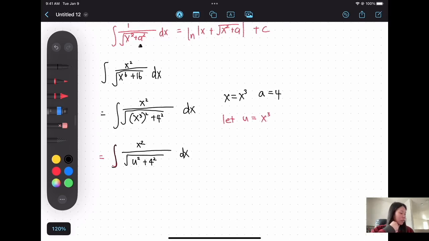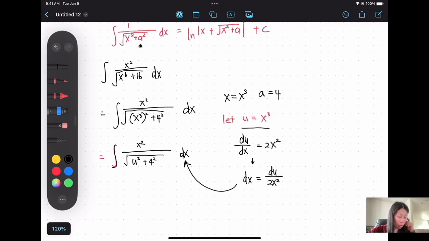Now we differentiate, du on both sides, so this part is 3x squared dx. By using u substitution, I have dx equal to du over 3x squared.